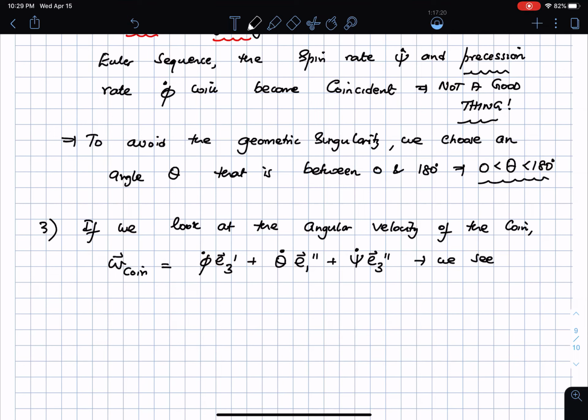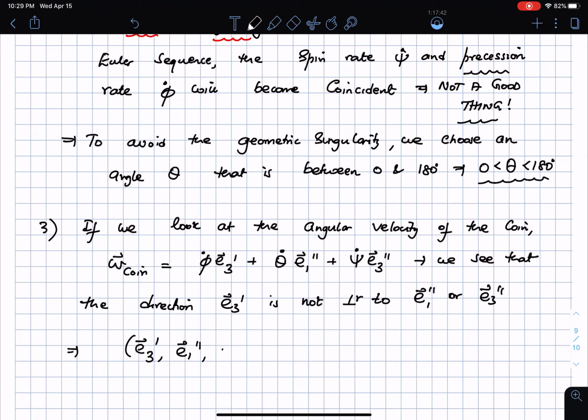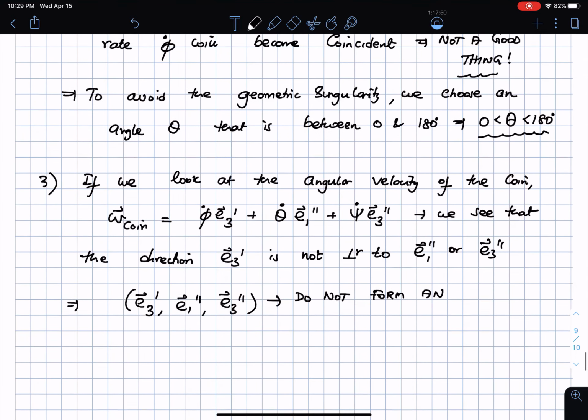We see that the direction E3 prime is not perpendicular to E1 double prime or E3 double prime, which means that E3 prime, E1 double prime, E3 double prime do not form an orthonormal basis.